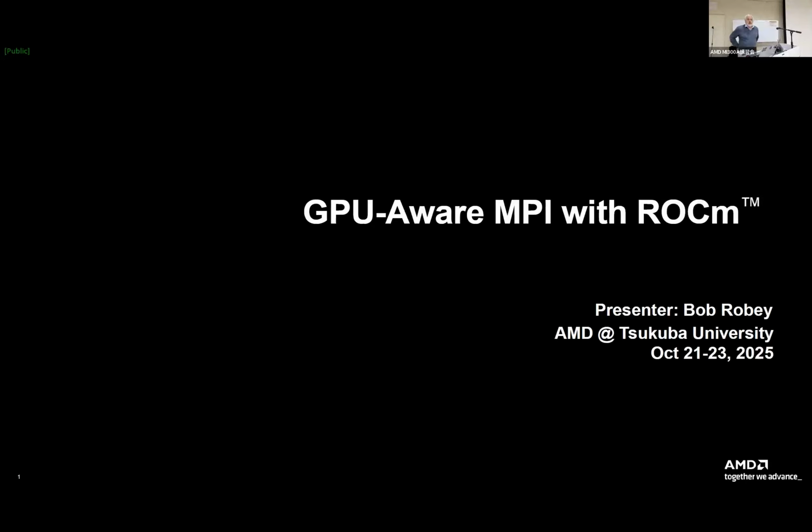Okay, we'll get started with the next lecture, and we're going to shift topics to MPI. This is probably after you get the compilers on the system, load the latest Fortran compiler, and get that working. The next item that you're going to really want is GPU-aware MPI.